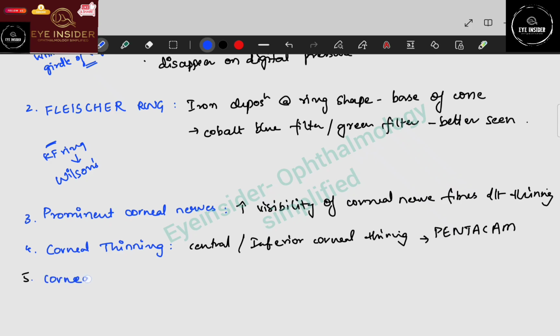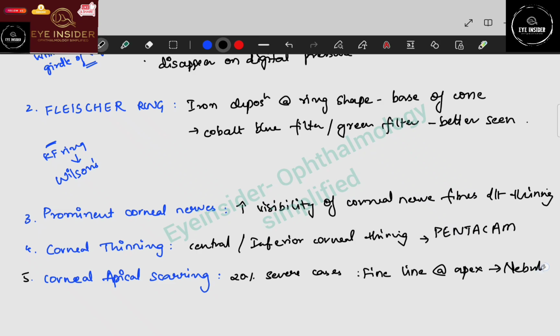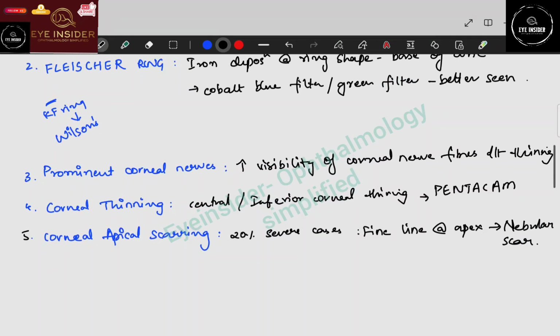Then this thinning can lead to apical scarring also. This scarring of the cornea occurs in 20% of the cases, most commonly in the severe cases, and it can start as a fine line at the apex and progress towards formation of a nebular scar.